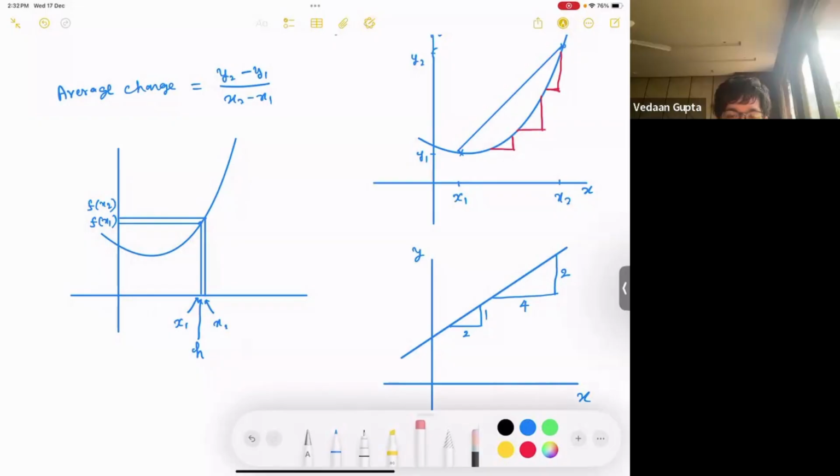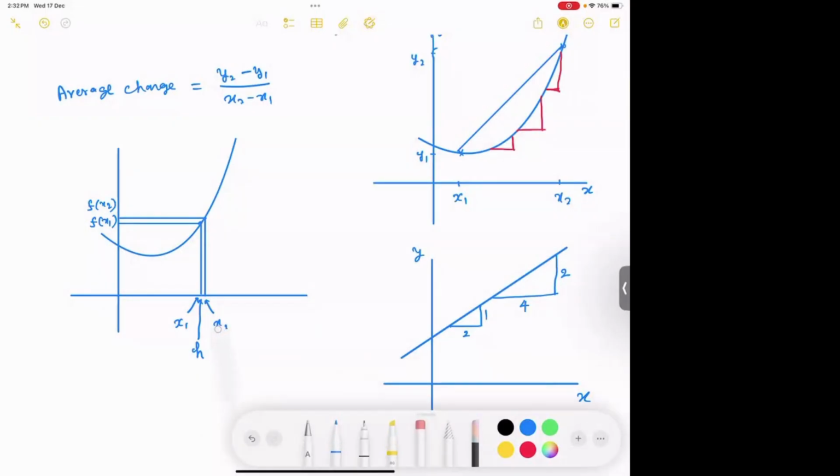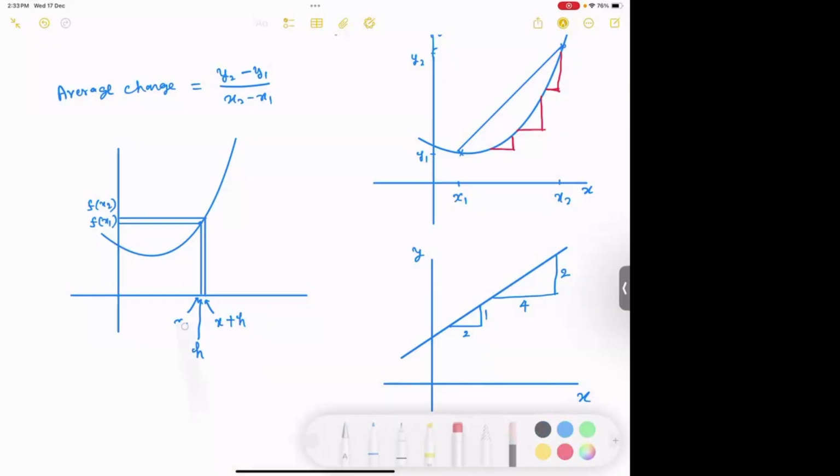Yeah. So instead of writing x2, I'm writing x plus h. And instead of writing x1, I'm writing x. And similarly, I'm changing f(x1) and f(x2) as f(x), and the other one is f(x plus h), right? h is a small difference in x.